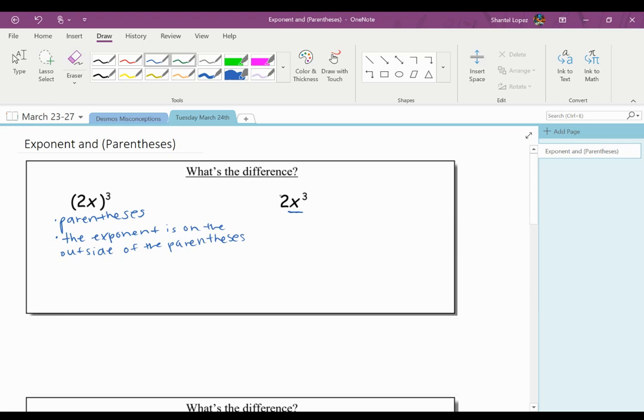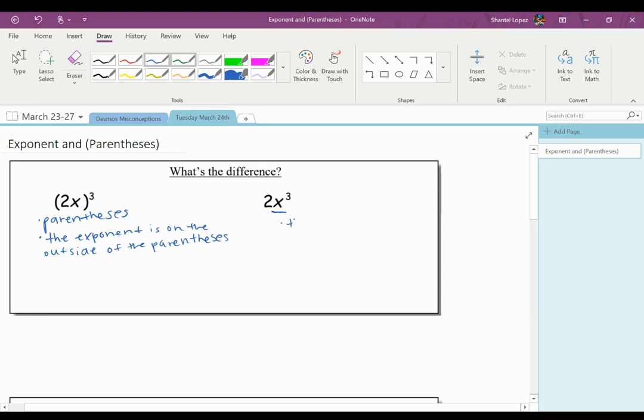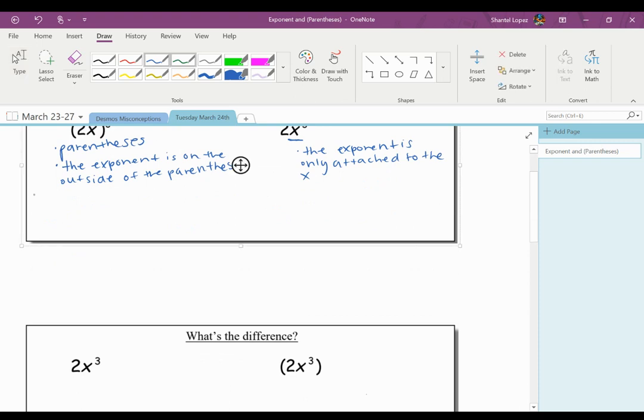It would apply to the 2 if there was parentheses around it, like in the other problem. But we see that there are no parentheses. So this one, the exponent is only attached to the x. So if I were to expand, let's see how each of these would look.